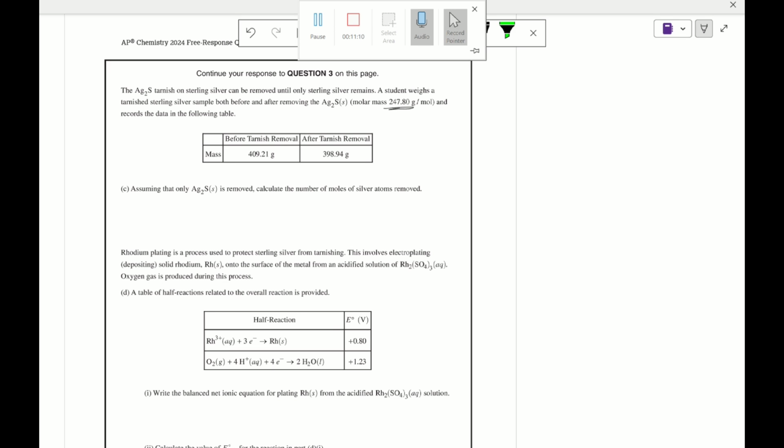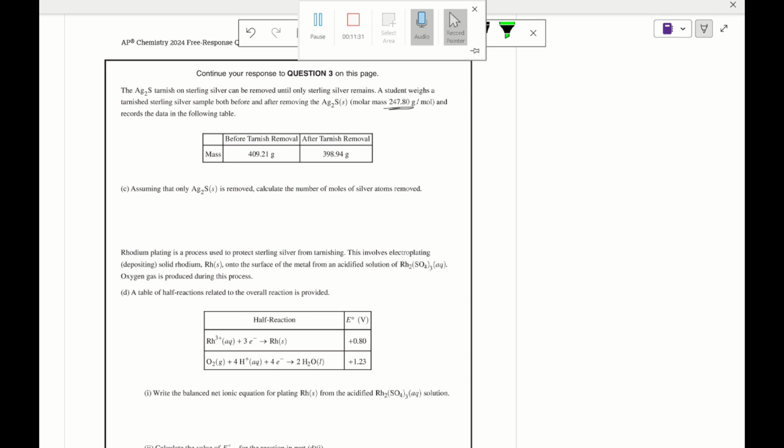And then we'll have to find the percent mass of Ag in Ag2S. You take the molar mass of Ag, which is 108 rounding, times 2, divided by that molar mass. So that'll give you around 87%.